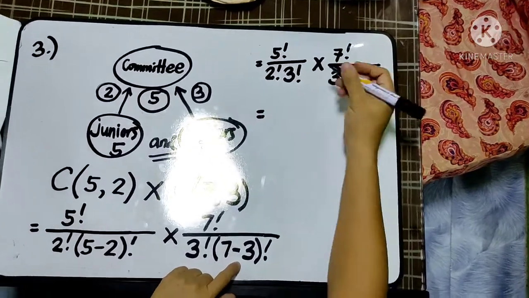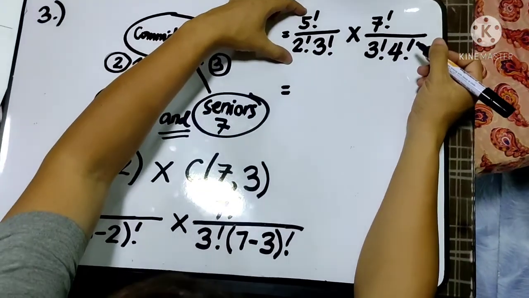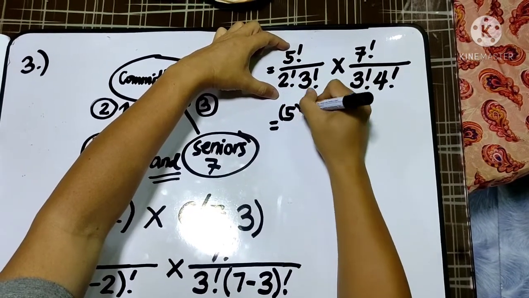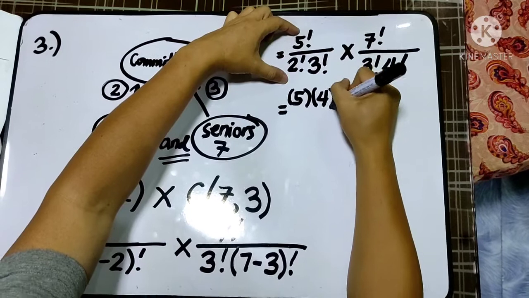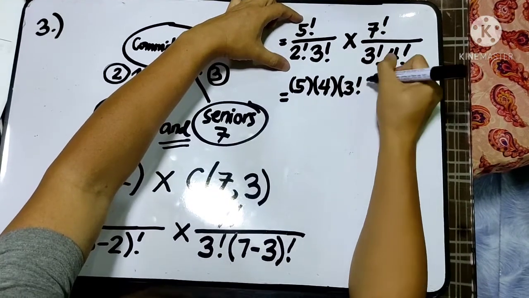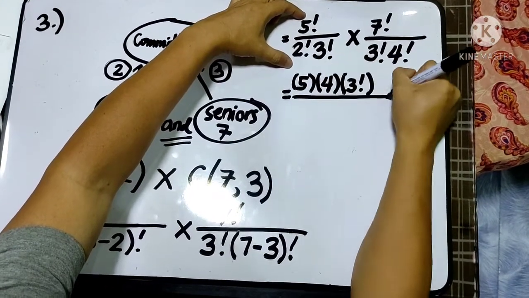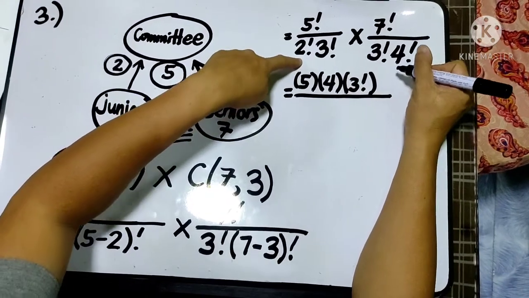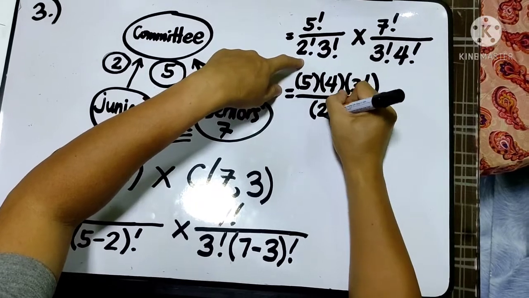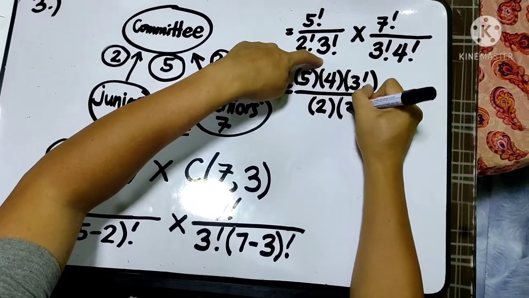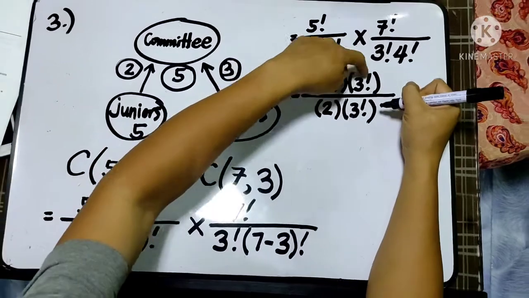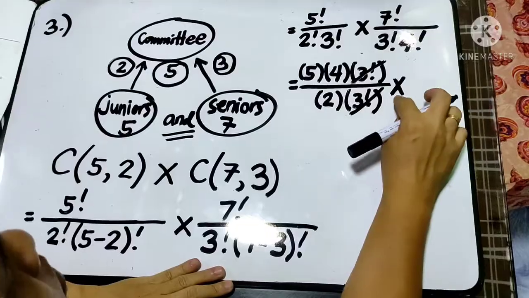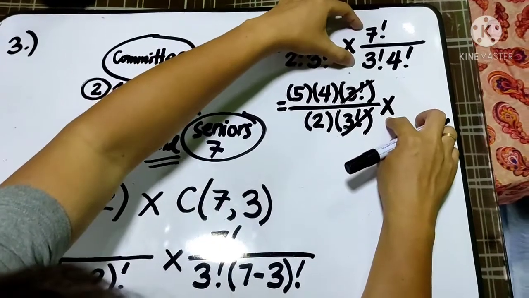So you simplify this, it becomes 5 times 4 times 3 factorial over 2 factorial. 2 factorial is 2 times 1. So that is equivalent to 2. Then copy 3 factorial para ma-cancel. Okay? So cancel, times this one. You simplify this.